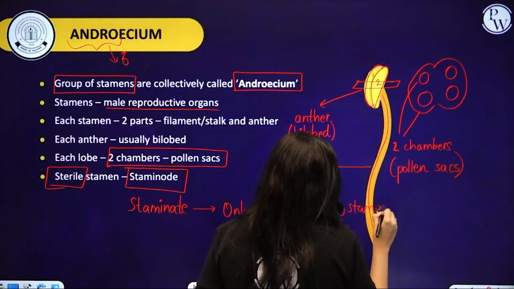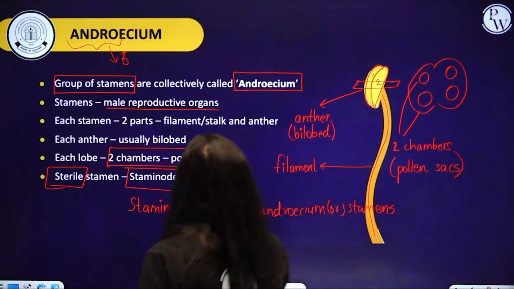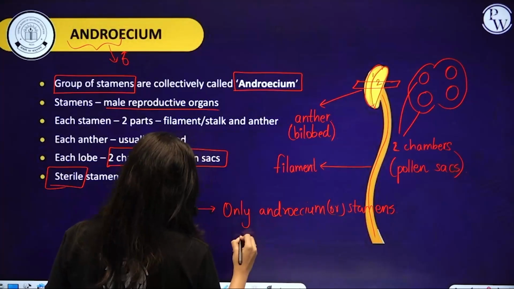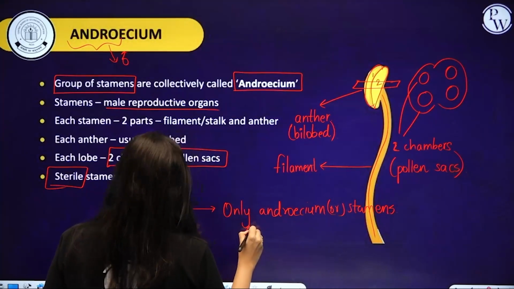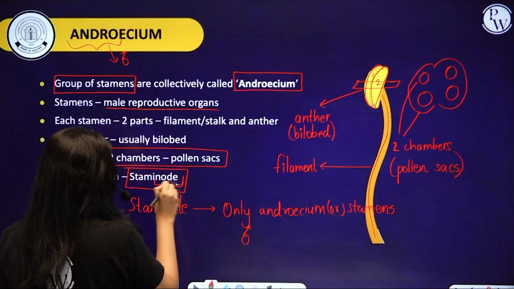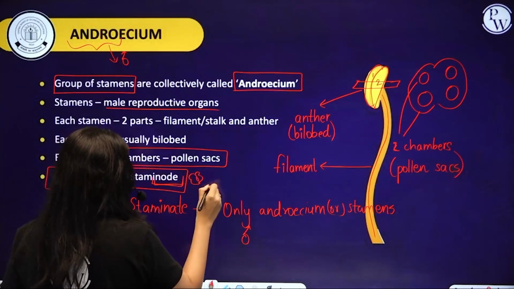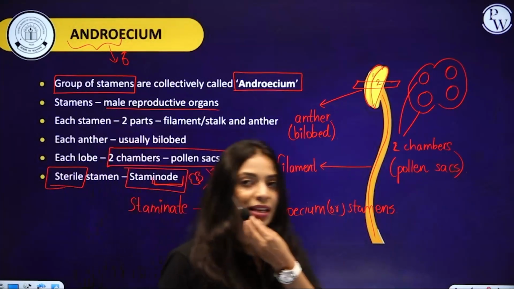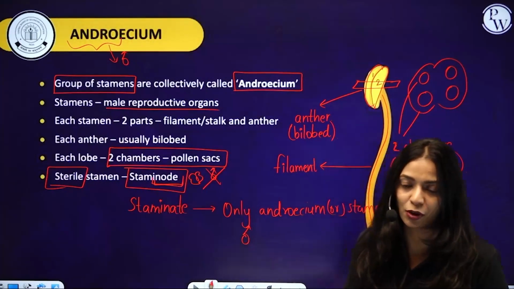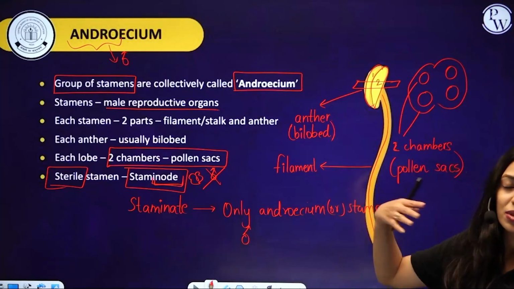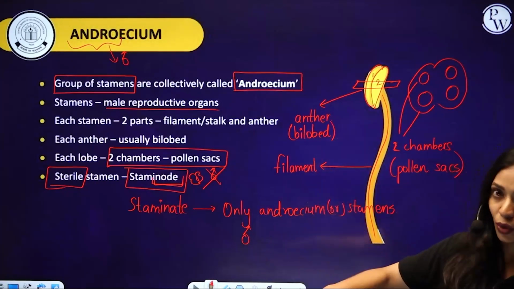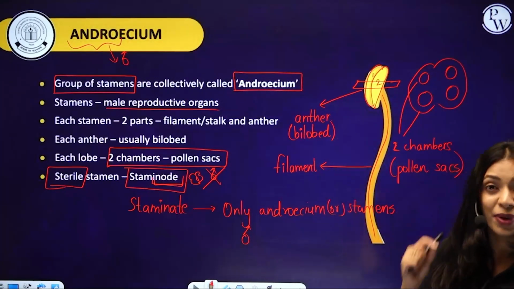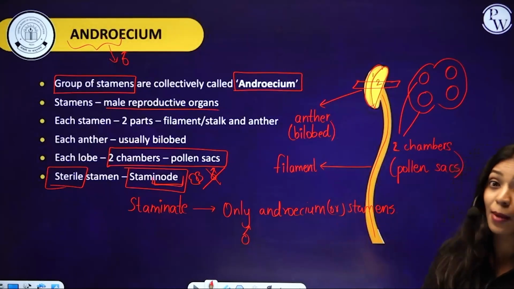It is the term that we use to describe the flower that contains only androecium and is unisexual, whereas staminode is a flower where the androecium is not functional. It is incapable of reproducing or producing pollen grains. So sterile stamen is staminode. A unisexual flower bearing only stamens is staminate.